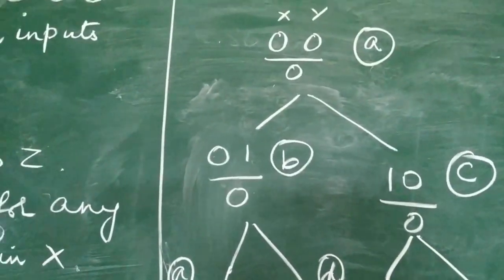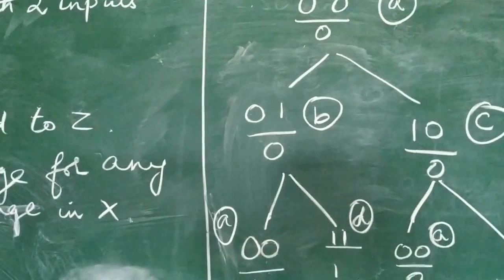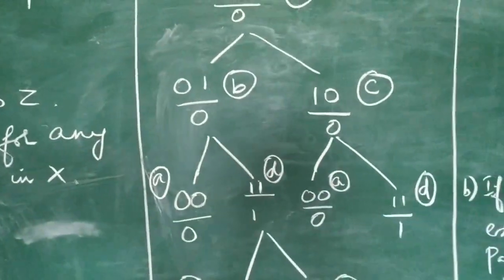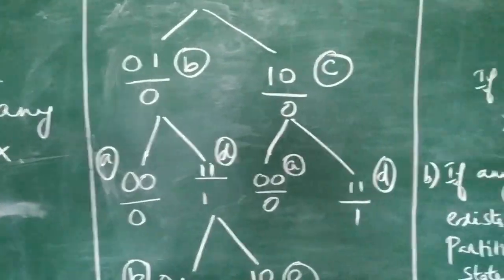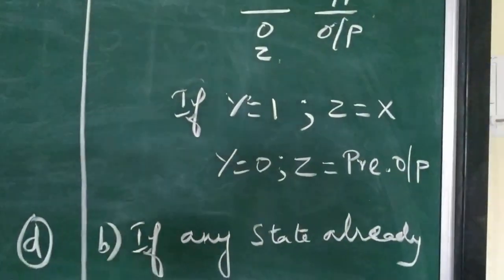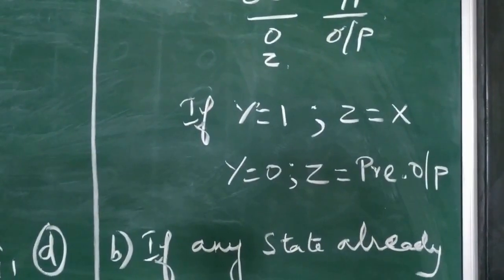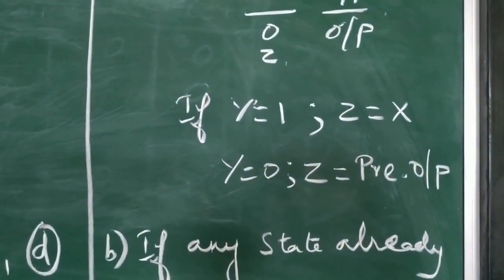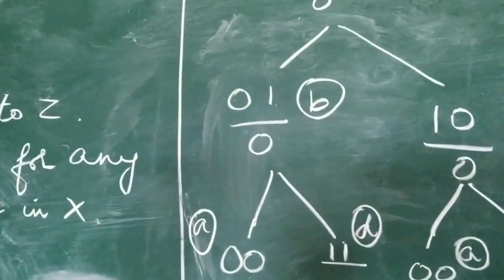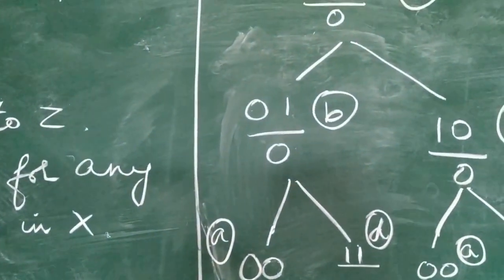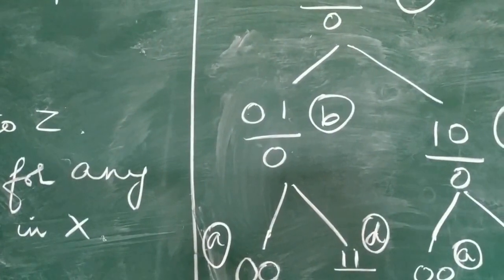So when coming to the B state, when x equal to 0 and y is equal to 1, what is going to be the output? Look into your problem which I have cut short and have written it here. When y is equal to 1, z is equal to x. So z is that denominator. So here x is 0, y is 1.